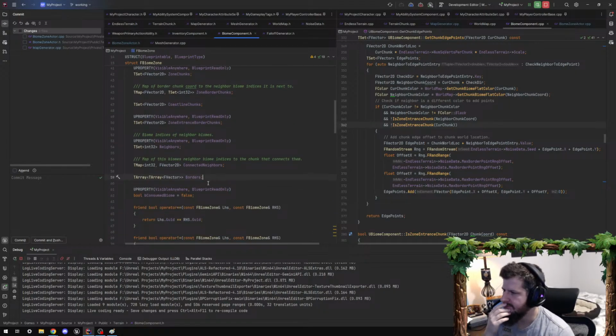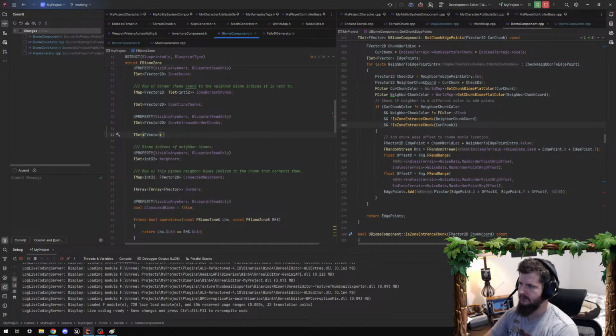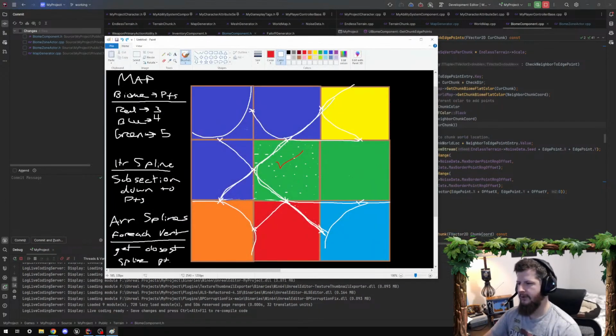I have zone entrance border chunks. Let me throw something on here for zone entrance points. And when I'm rendering, I need to check if any of my neighbors are zone entrances. If it is, I need to get its zone entrance points and remove those.